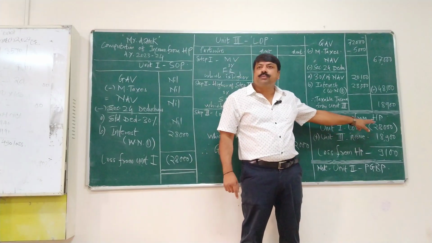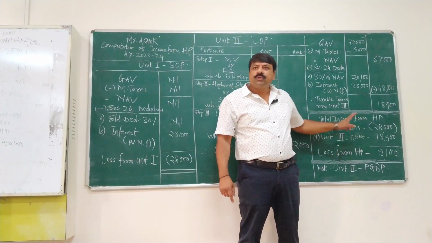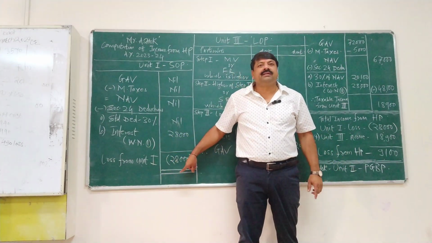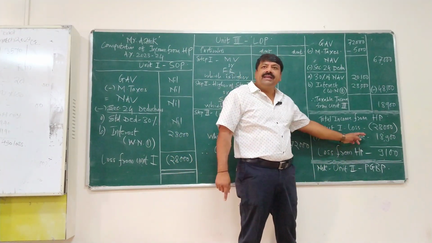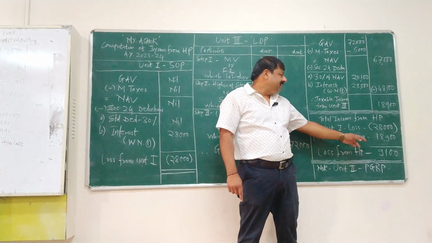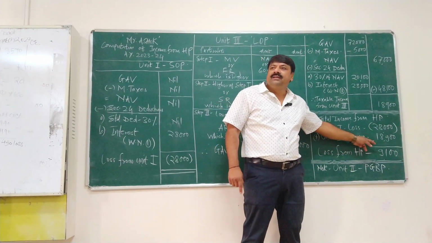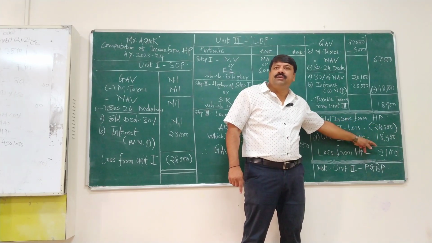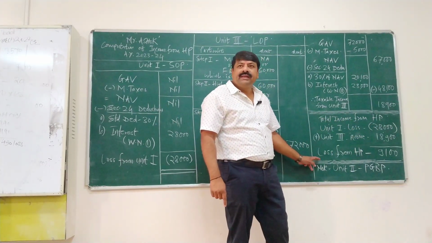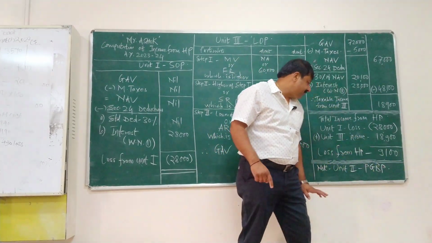Now we will show the gross effect. Total income from house property. Unit 1 is a loss, say 28,000. So unit 1 is minus 28,000 plus income from unit 3, 18,900. So 28,000 minus 18,900. Overall result is loss from house property 9,100.